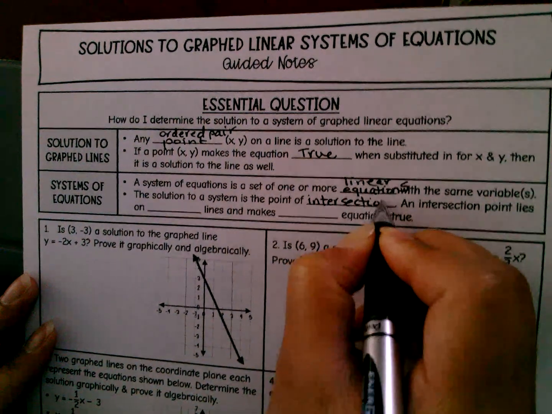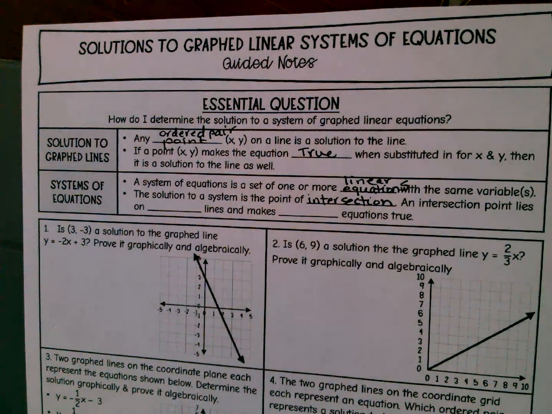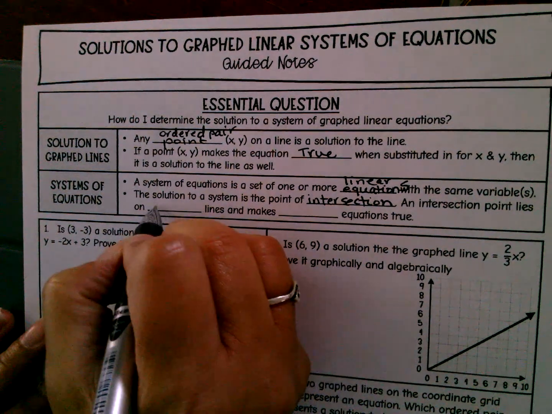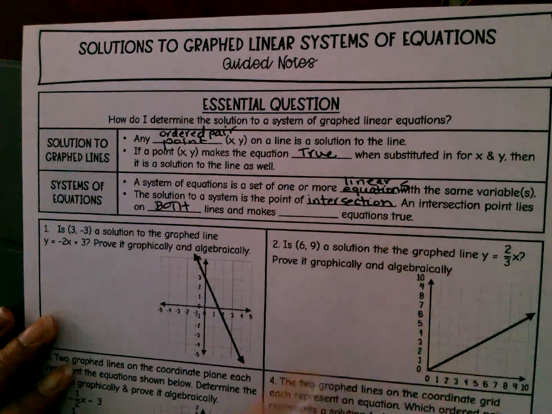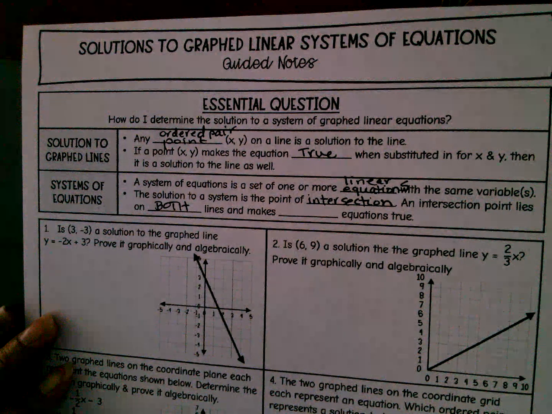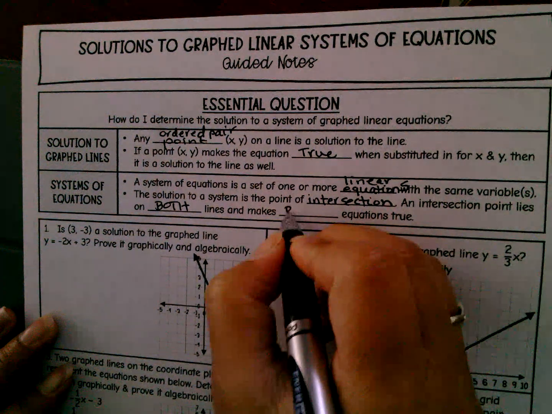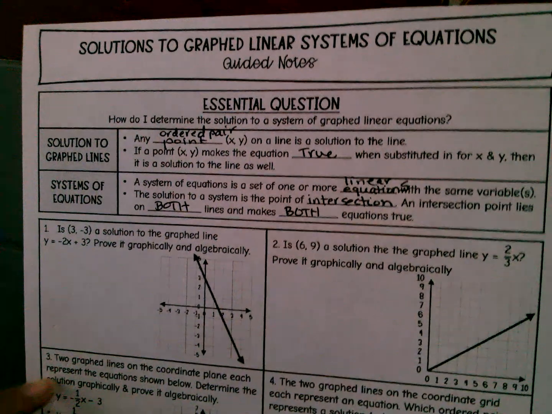What does intersection mean? Where they what? Where they cross. Okay, very good. Where they cross. An intersection point lies on both lines and makes both equations true. So in order for that point to be called a solution, it's got to be on both lines and it has to make both equations true.